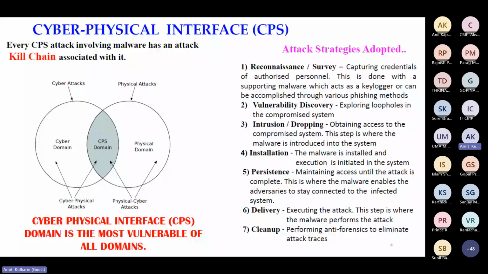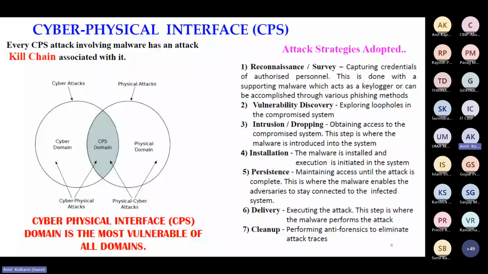It is observed that out of all the domains, the combined domain of the cyber physical system is the most vulnerable. So generally when we talk about a cyber attack on a power system, it is on this CPS domain most of the time.